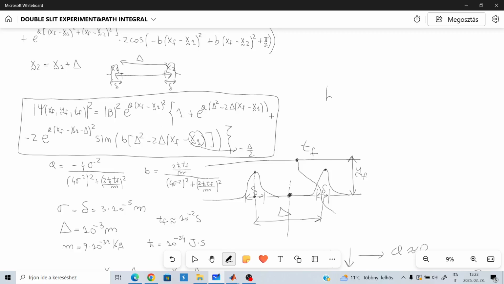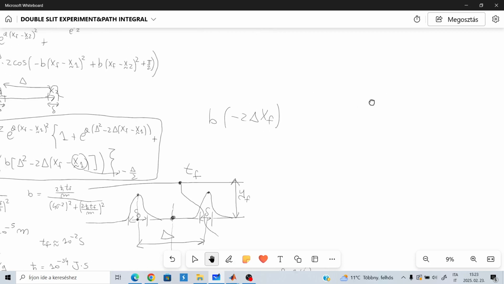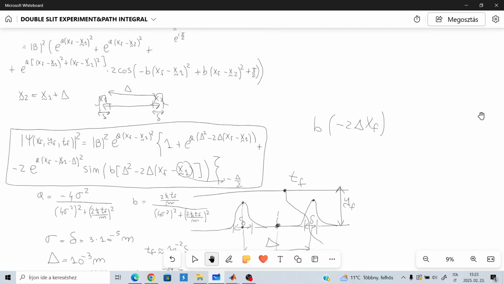So you will be left with b, which multiplies minus 2Δ xf. And this would minimize, in this case, this sinusoidal function, because we want the minimum of this sine, because the minimum multiplied by minus will become a plus 1, right?